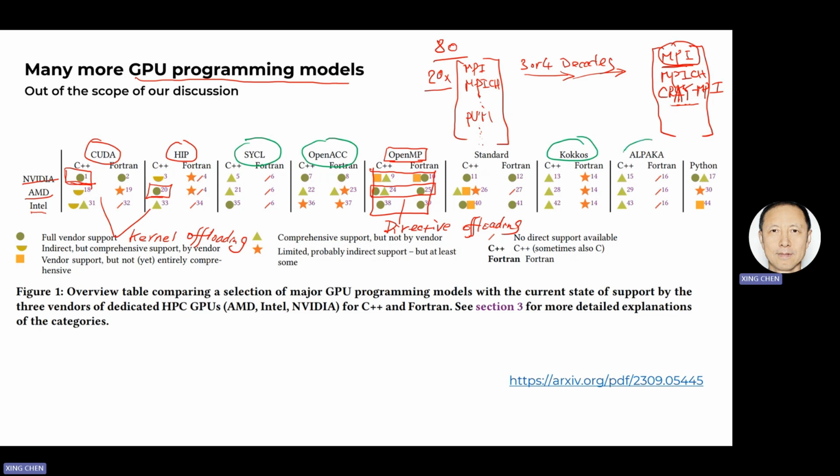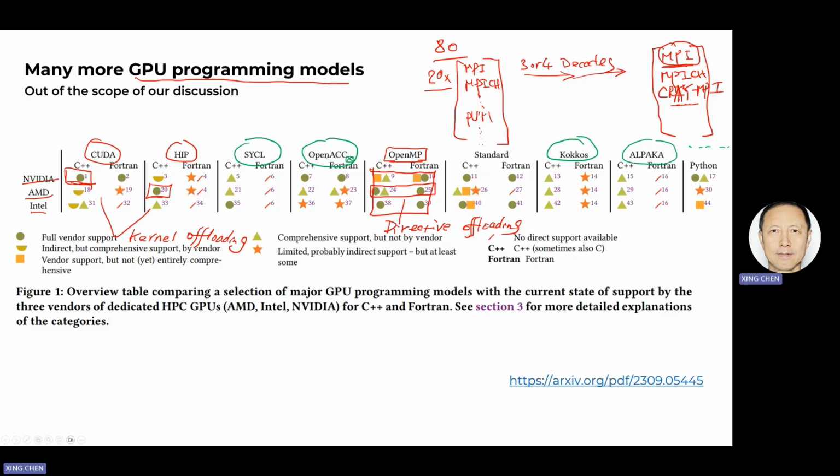There are Alpaka and other standards, and we have some others that I think have not been listed here. Somebody is saying OpenACC is dying because OpenMP is coming onto the scene. I don't know, I'm just repeating this.